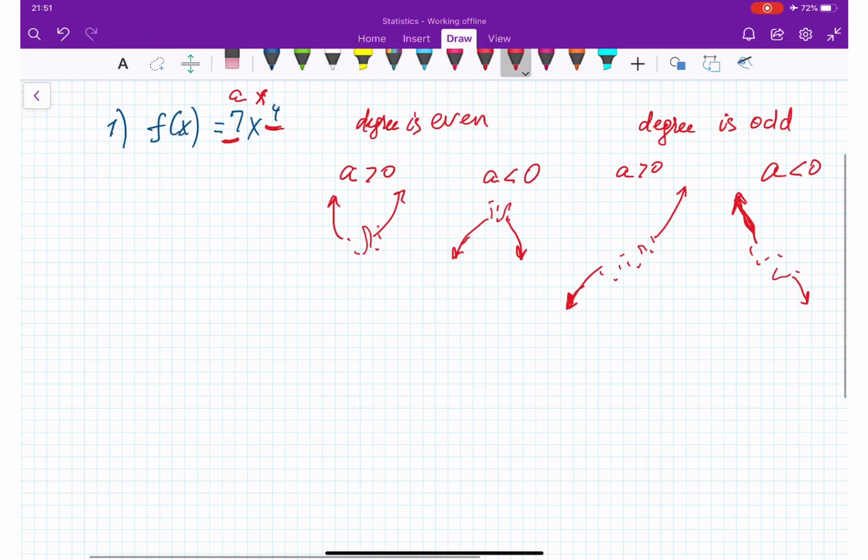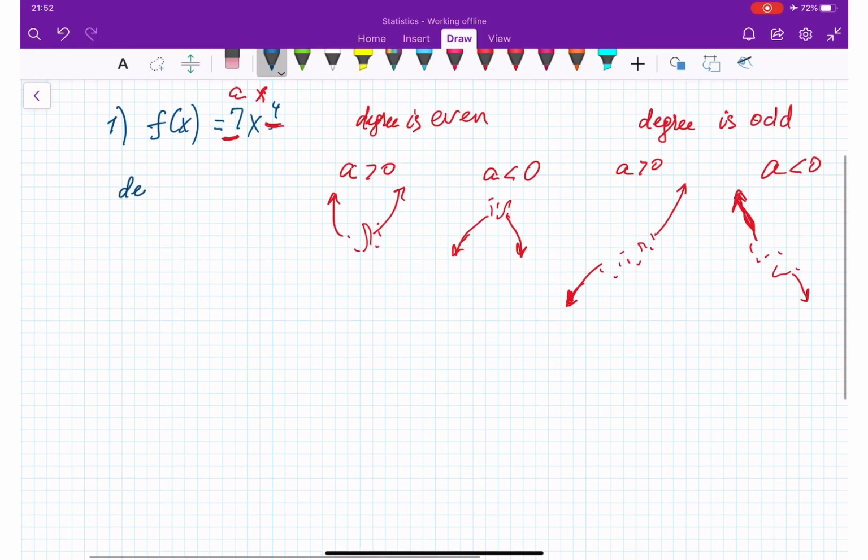All right, so in this case the degree is even, and A is 7. The degree is equal to 4, which is even, and the coefficient A is equal to 7, which is greater than 0.